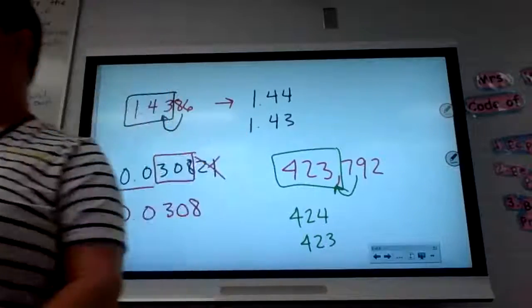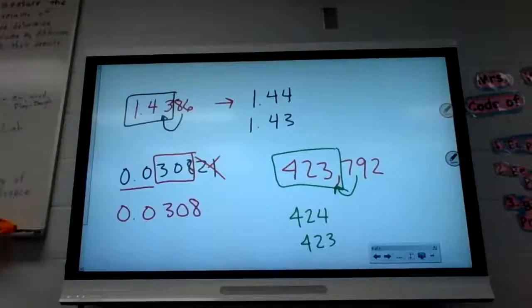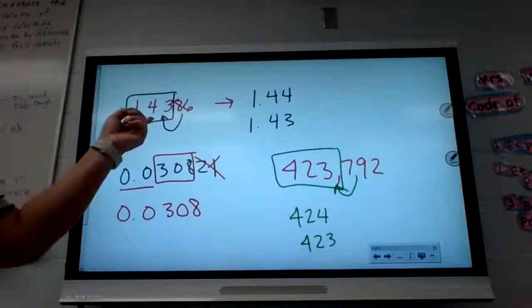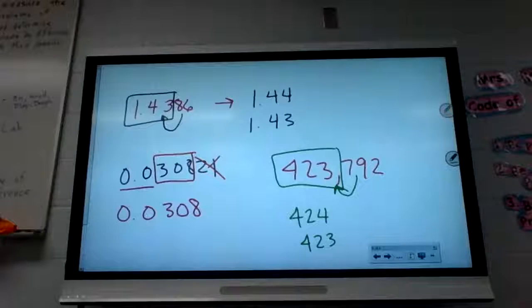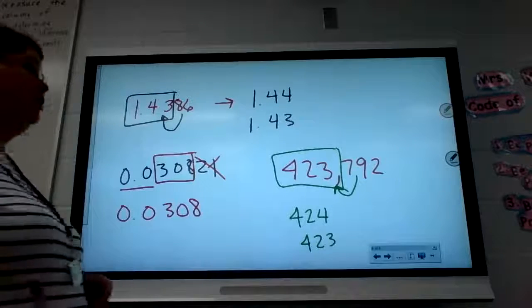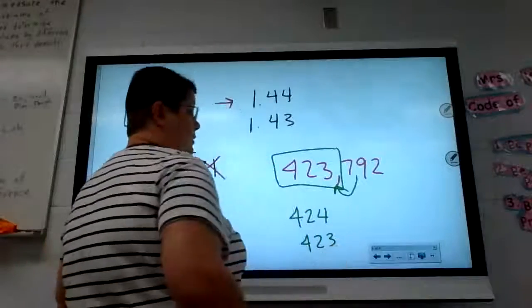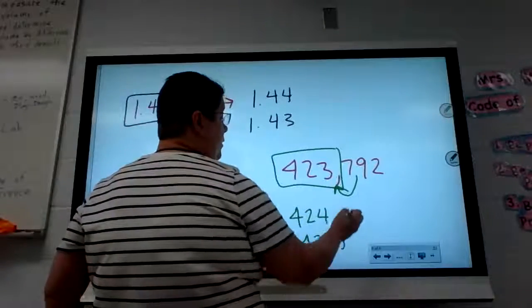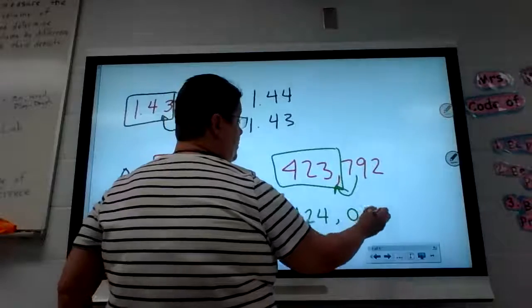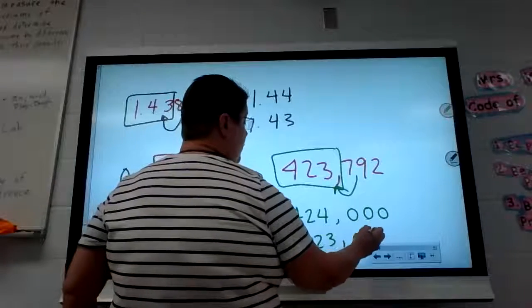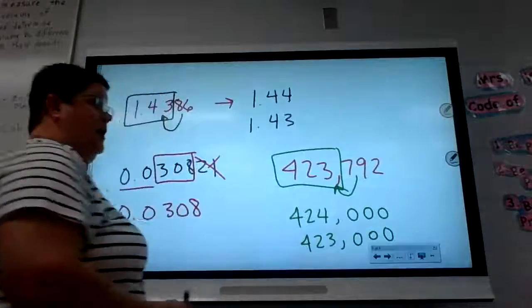Now, if you had $423,000 up there and you round it off to $423, are you going to be happy? No. So what do we need to do to these numbers? Add zeros so they stay in the same place they were.